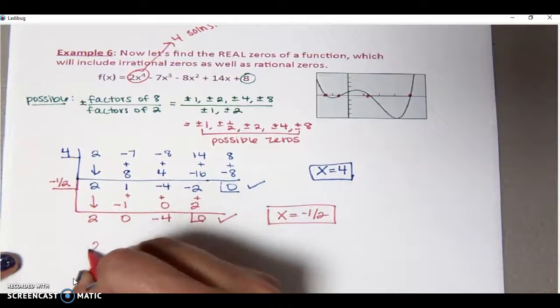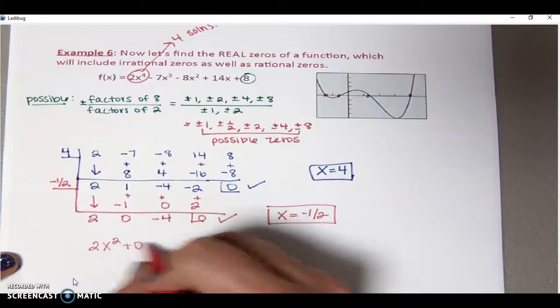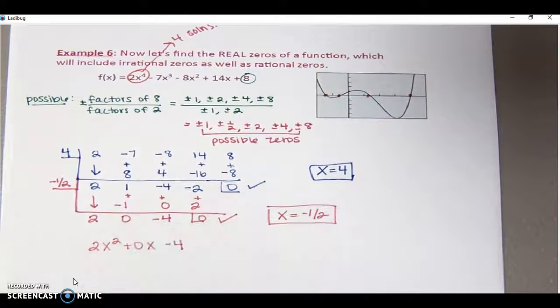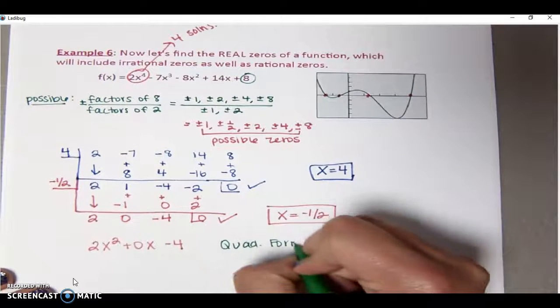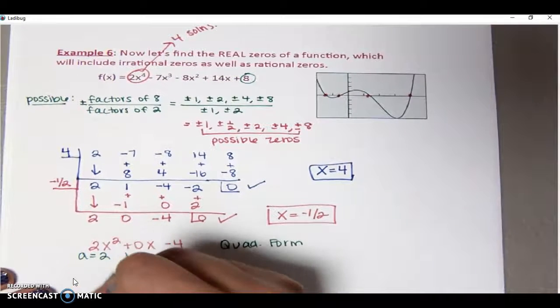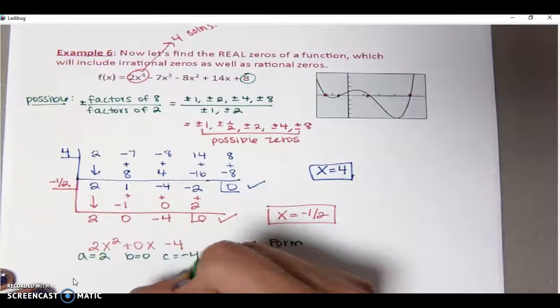So now we're left with a quadratic, 2x squared plus 0x minus 4. So this one you can't factor, so I'm going to use the quadratic formula. So a is 2, b is 0, c is negative 4.